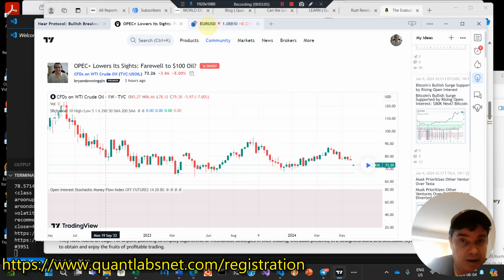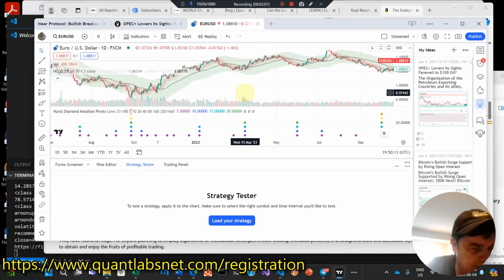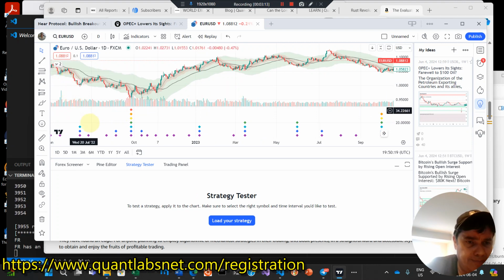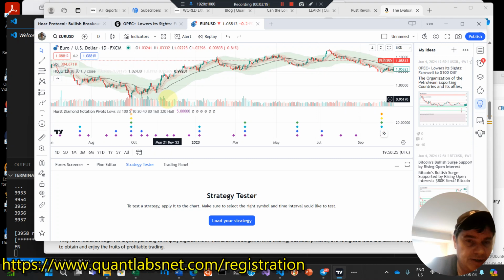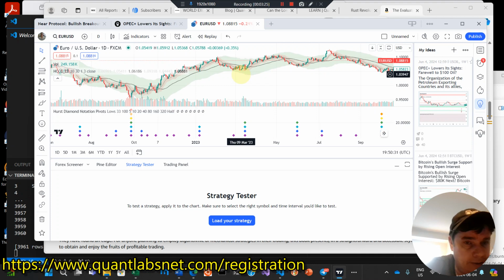Another option that's very powerful, you'd be paying a lot of big money for this on other platforms, is a combination of two different indicators. The first one is this HCC. Essentially, it's a Hurst cycle strategy or indicator.